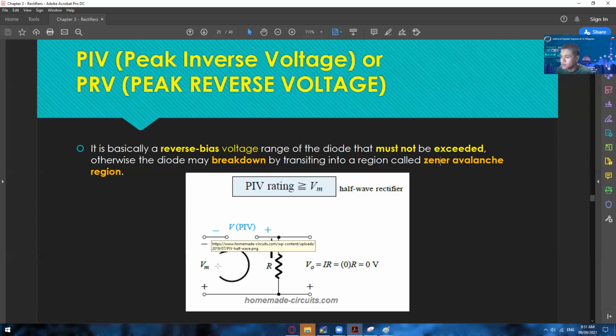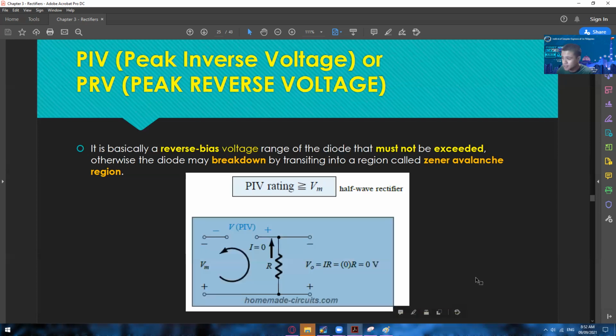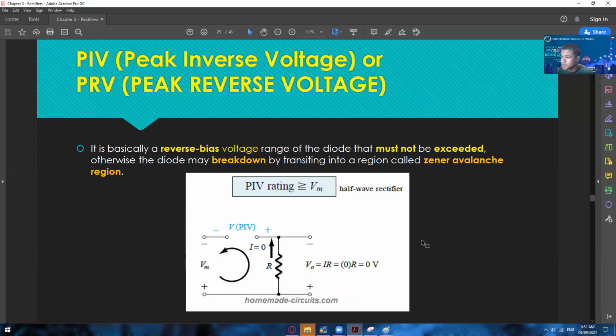So here is the scenario: you can only attain that peak inverse value with an open circuit or a reverse bias connection. For now we don't have a real example for this, so we will talk about the Zener diode in finals.